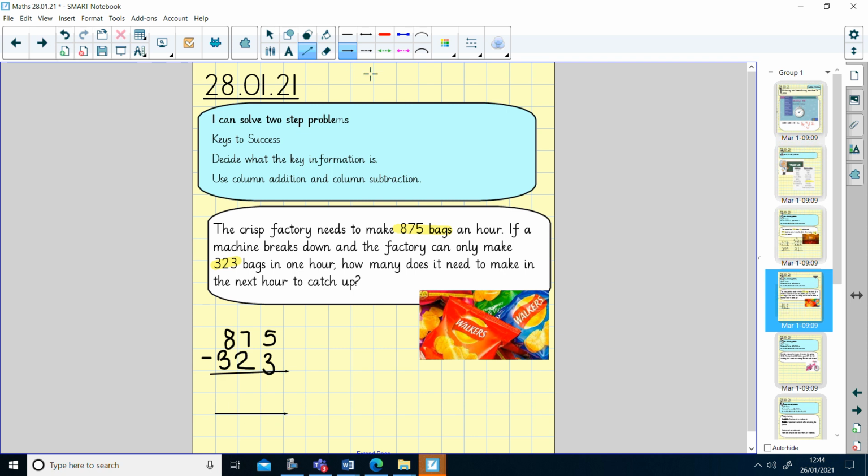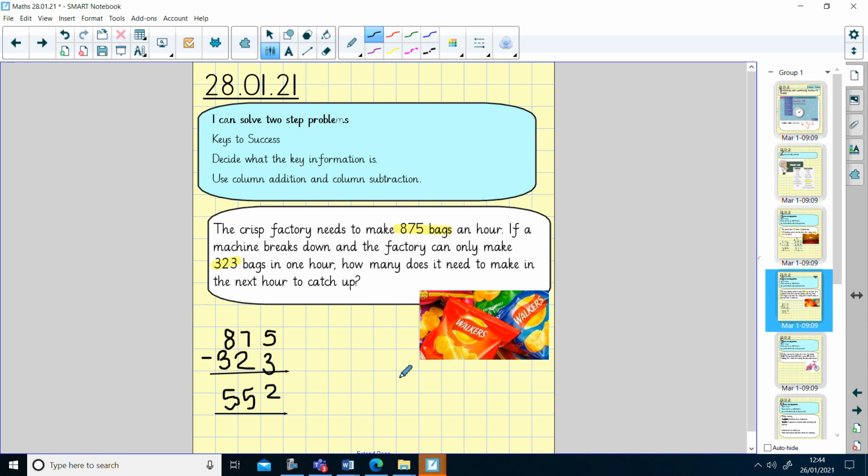Okay, so I'm going to do 5 take away 3, which is 2, 7 take away 2, which is 5, and 8 take away 3, which is also 5. I'm just going to rub that 5 out a little bit. It's not very clear. So 552. So because the machine broke, the factory was short on 552 bags of crisps.